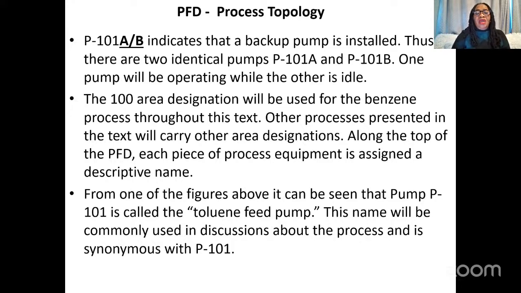So the area designated as 100 will be used for the benzene process throughout this text. If you see that PFD I showed, you can see everything is 1 so and so, 103, 10. So everything there, this process for the conversion of toluene to benzene, everything is happening within that area of 100 units that is named 100 in that plant.